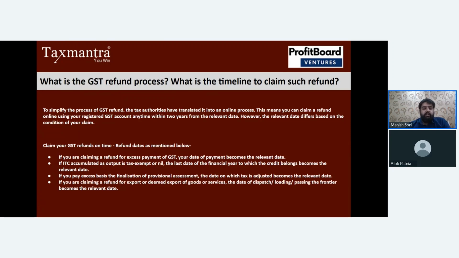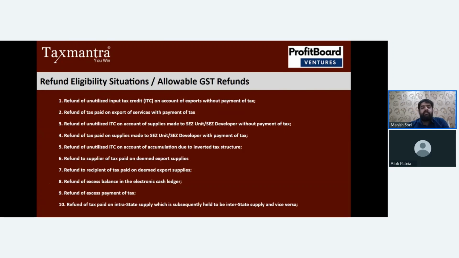Then we move on to the next part: what is the eligibility and refund criteria, where you are actually eligible for taking the credits, encashing the credits. The majority, I think, is the refund of unutilized ITC on exports without payment of taxes. This means in GST, there are two kinds of export sales. One is where you make the tax payments: you pay the taxes from your pocket and you export goods or services.